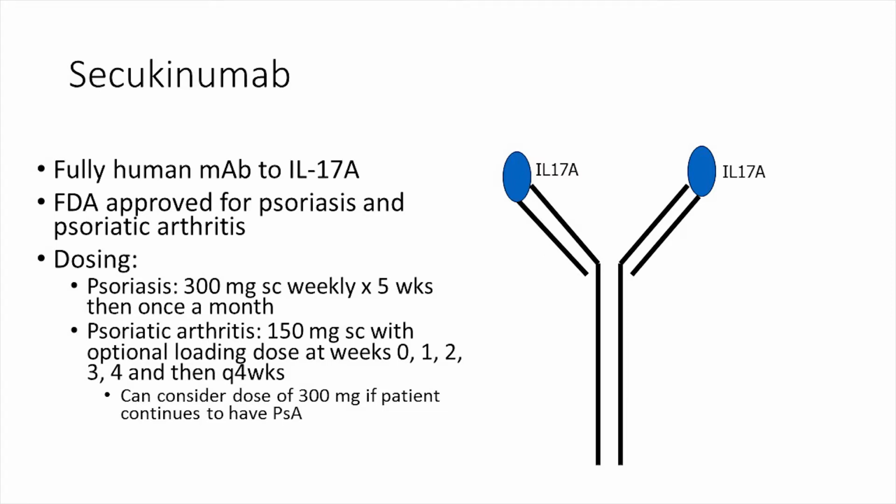And it's FDA approved for the treatment of both psoriasis and psoriatic arthritis. One thing that we'll see is that the dosing is a little bit different for psoriasis versus psoriatic arthritis. We actually use higher doses of medication to treat psoriasis. And there's also the psoriatic arthritis dosing has an optional loading dose as well.